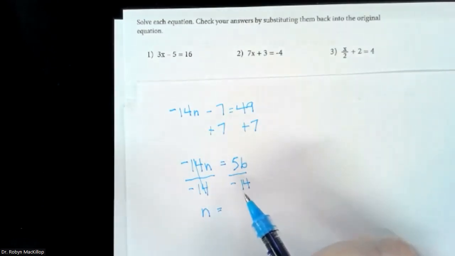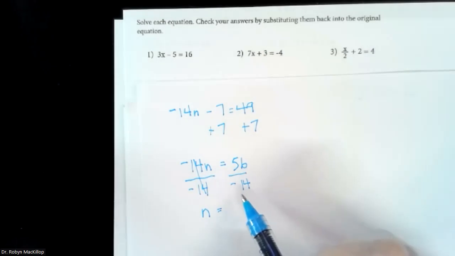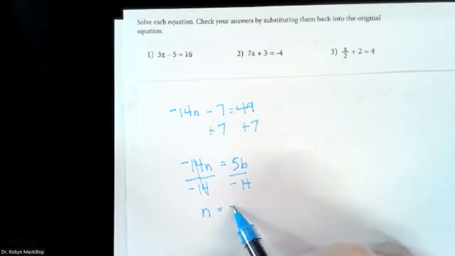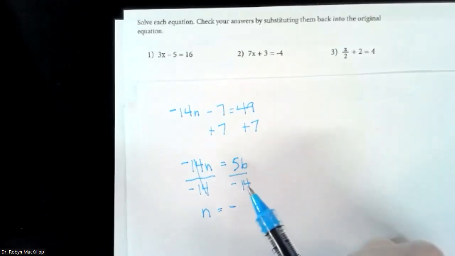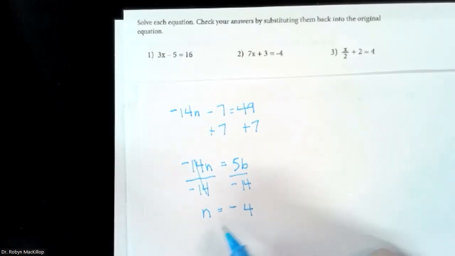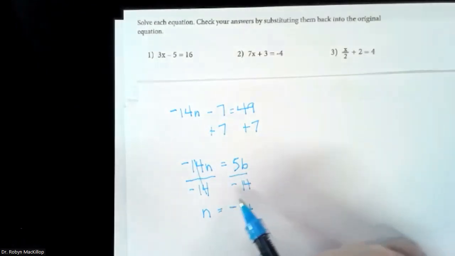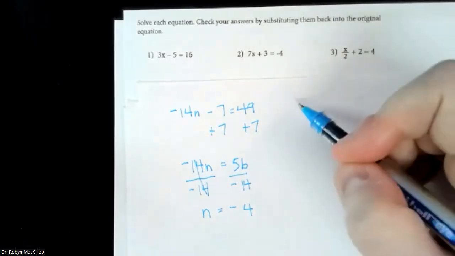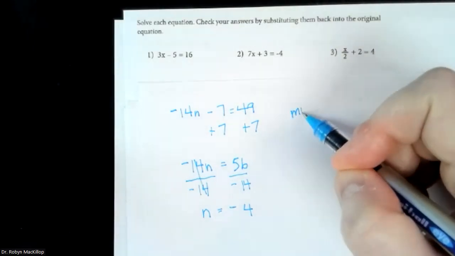And 56 divided by -14, good guy leaves town, bad for the town. And I believe 56 divided by 14 is 4. So n equals -4.